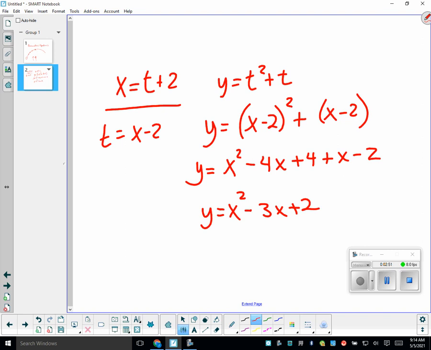And that's my answer. That is the answer. That said, write an equation in rectangular coordinates.